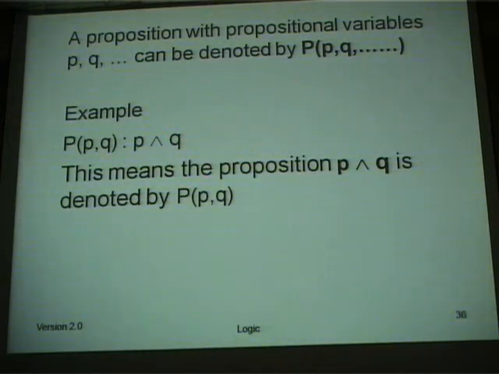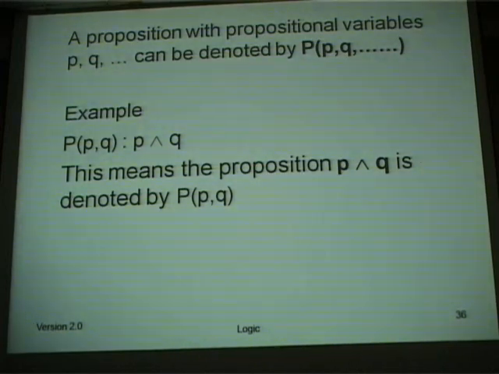Like I said, given two propositional variables p and q, you can form different compound propositions. The set of propositions that can be created using only two distinct propositions can be grouped into this group.